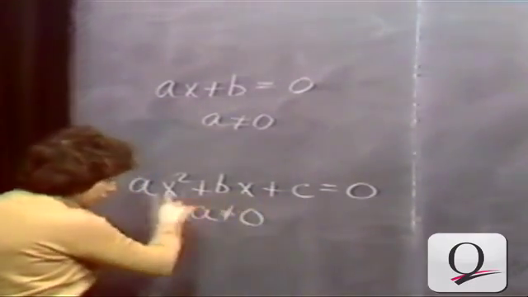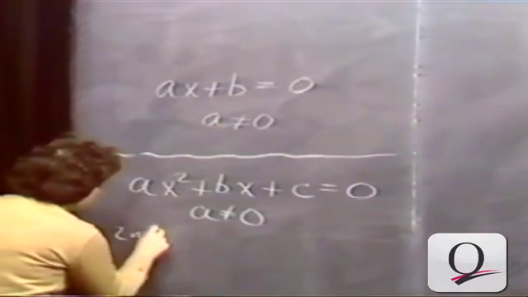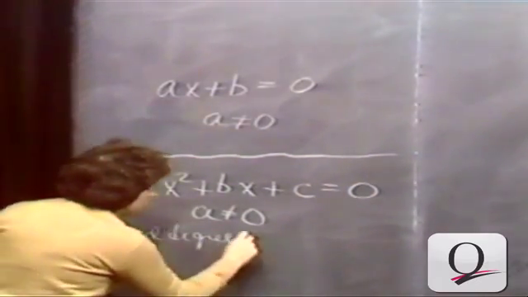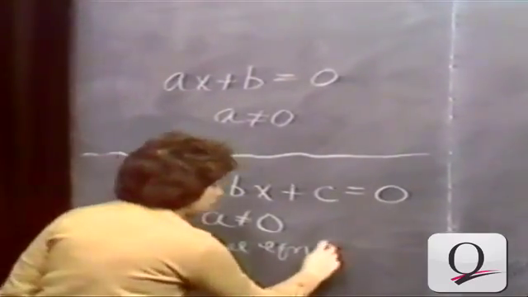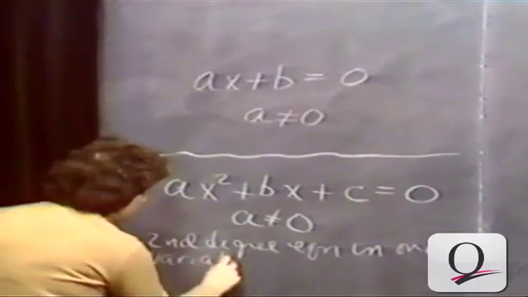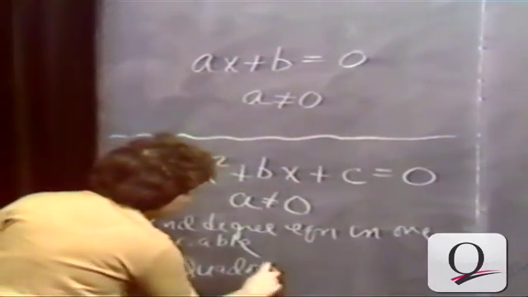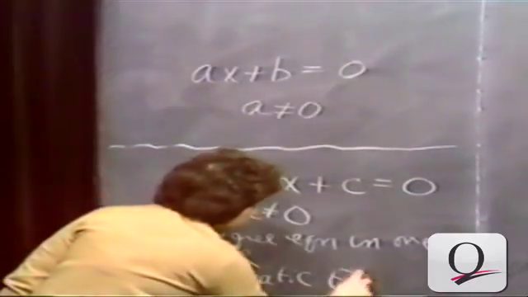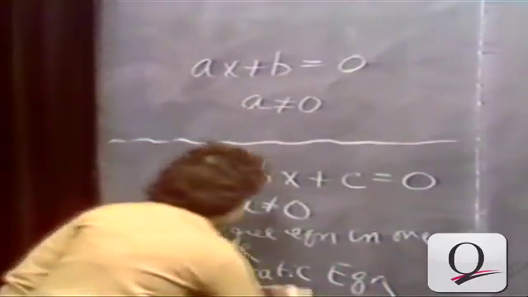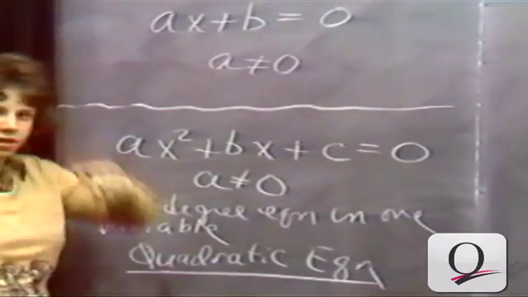This is a second-degree equation in one variable, and we will call such an equation a quadratic equation. A first-degree equation in one variable is also known as a linear equation.